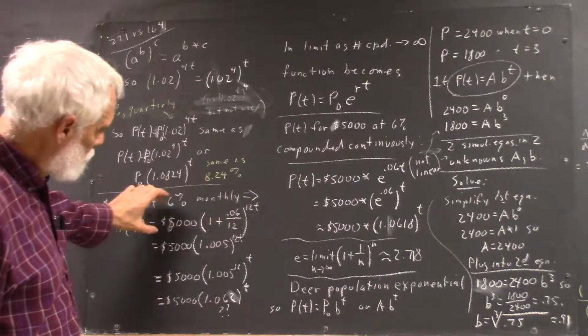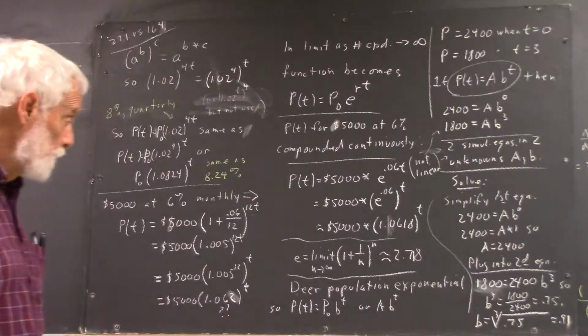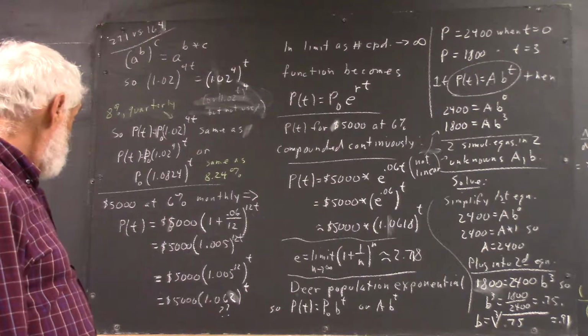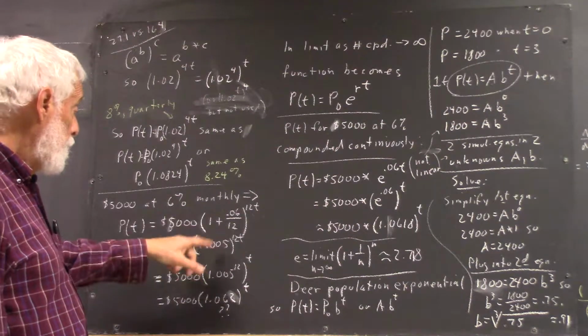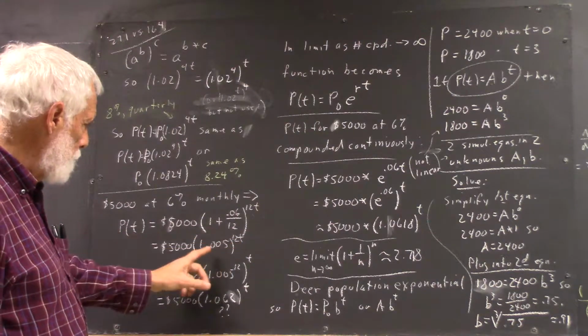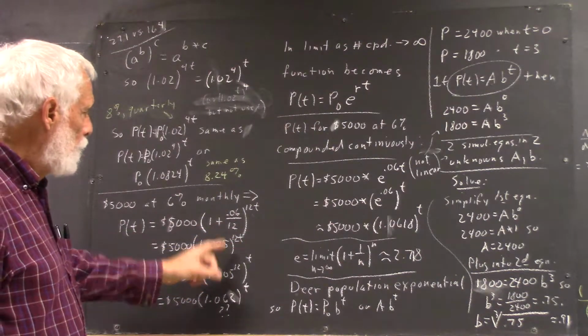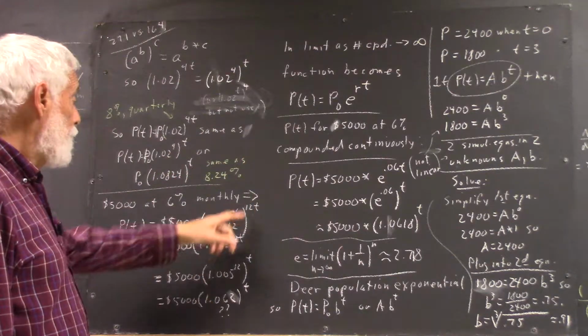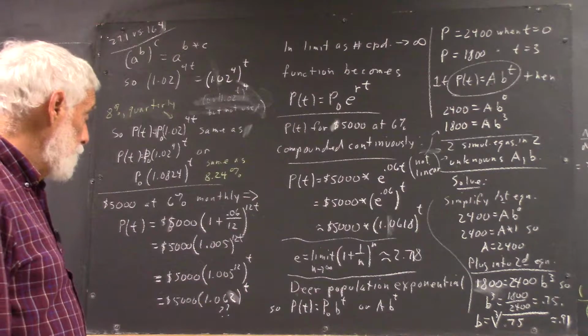Now, we've done thorough explanations of why all this works, and if you don't understand this, you want to review. And that equals 5,000 times 1.005 raised to the 12t. That's a little bunched up, but it says 1.005, since 0.06 divided by 12 is 0.005, and then to the same exponent, the 12t.